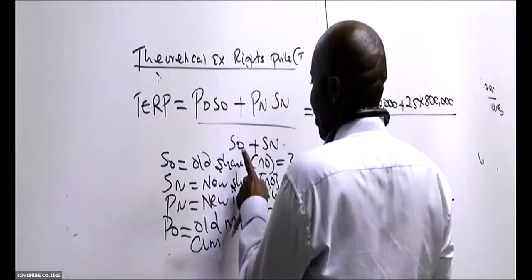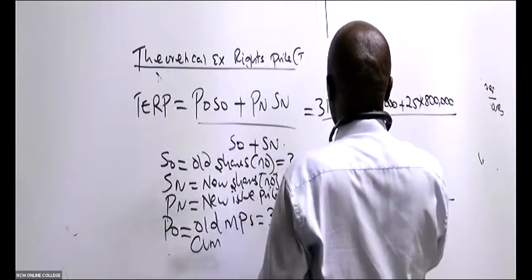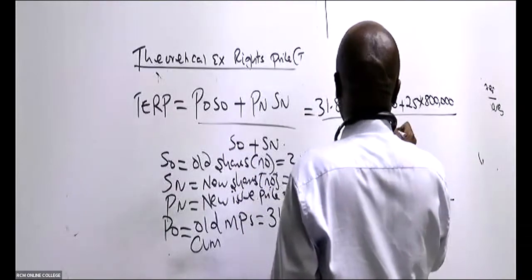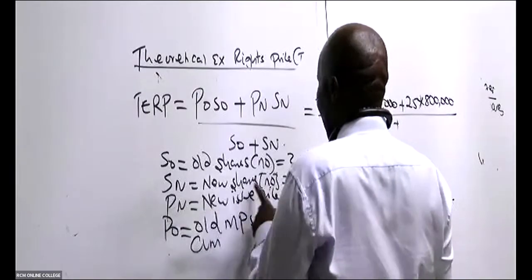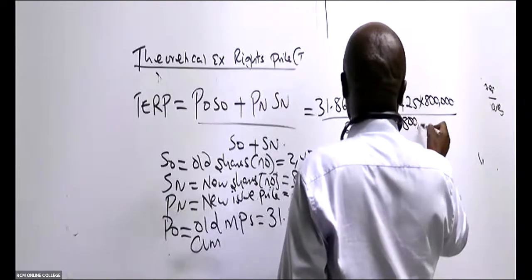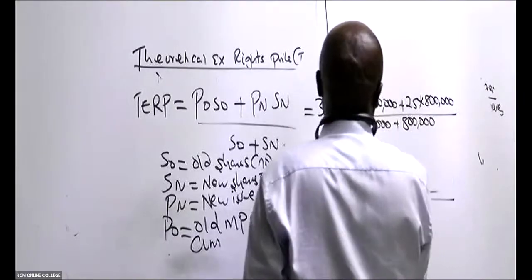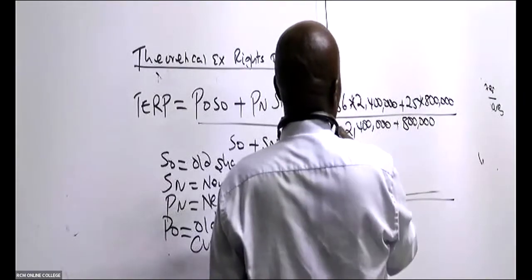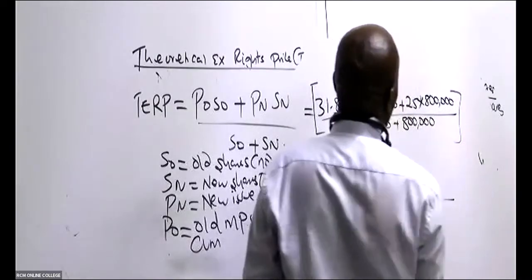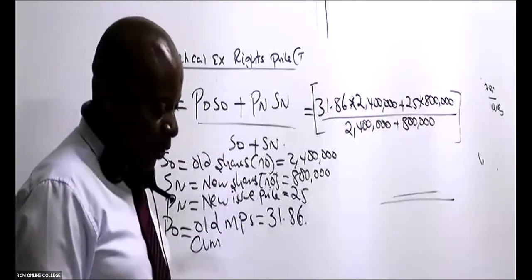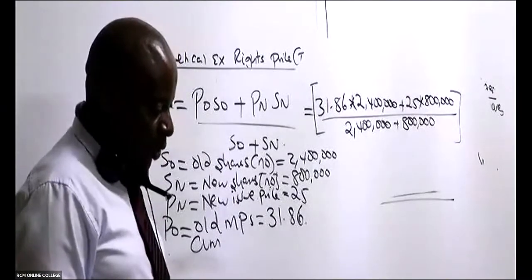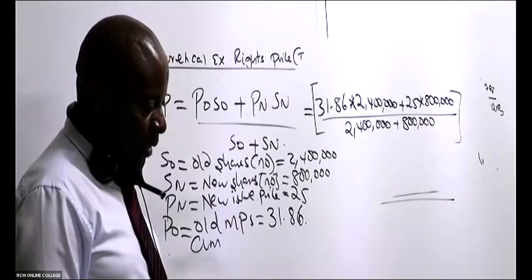Divide this by SO, which is 2.4 million, plus SN, which is 800,000, like that. So are you able to give us the final answer?